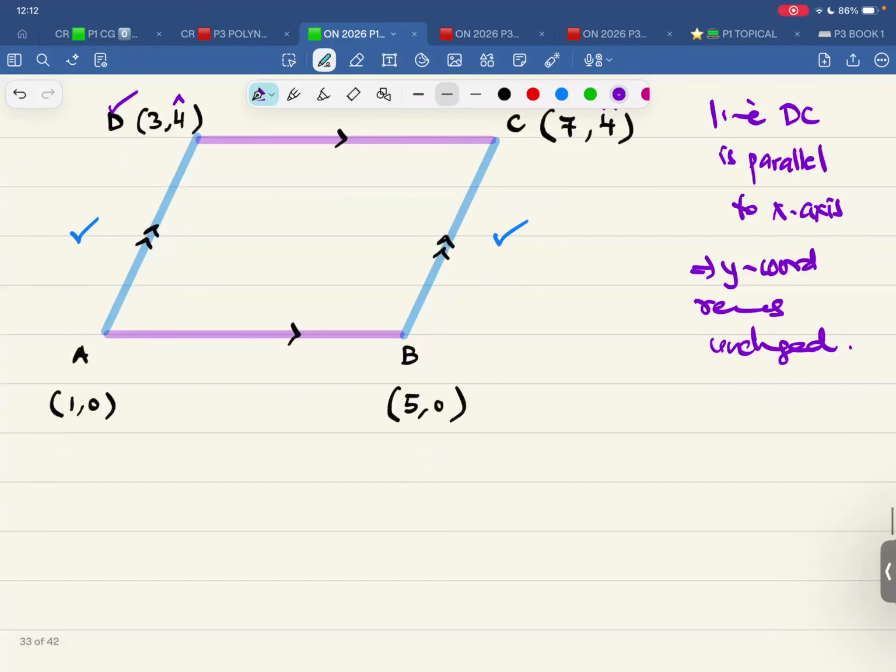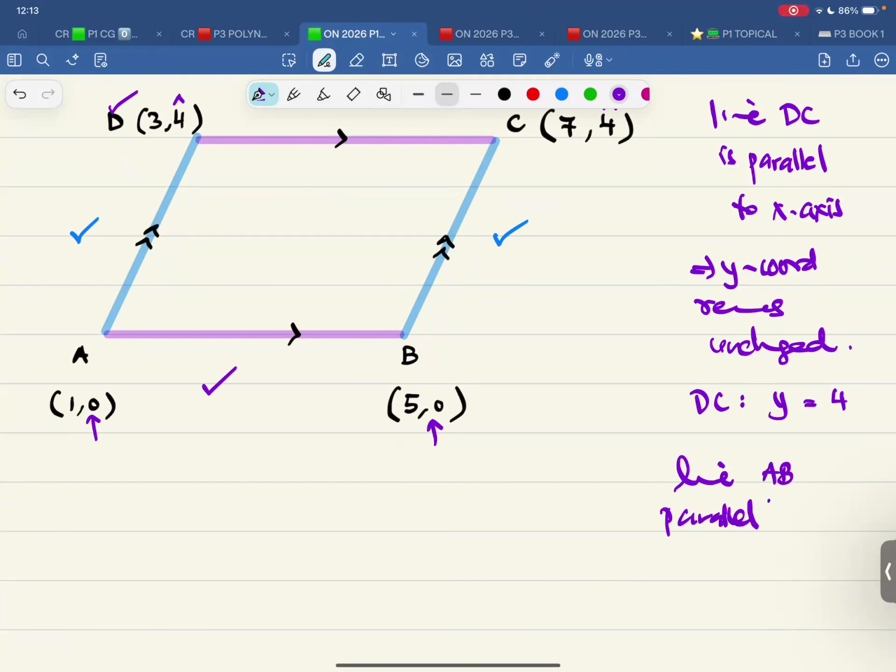And therefore, the equation of the line DC is y equals 4. The same goes for AB. The y coordinate is unchanged. These 2 points lie on the x-axis. So again, line AB is also parallel to x-axis. Gradient is 0, and y coordinate unchanged.